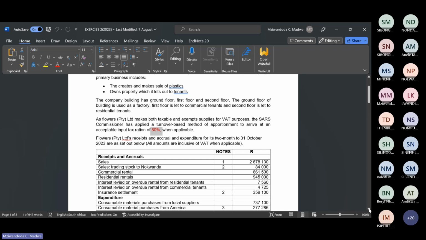If the answer is above 1 million, it means the value of taxable supply exceeds 1 million. So that requirement is met.